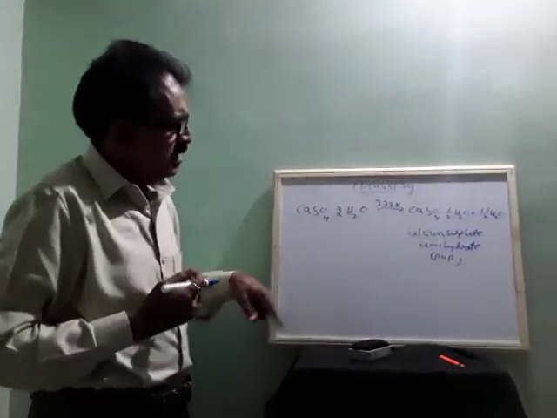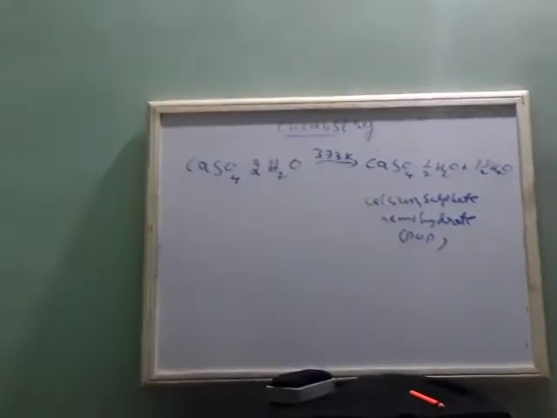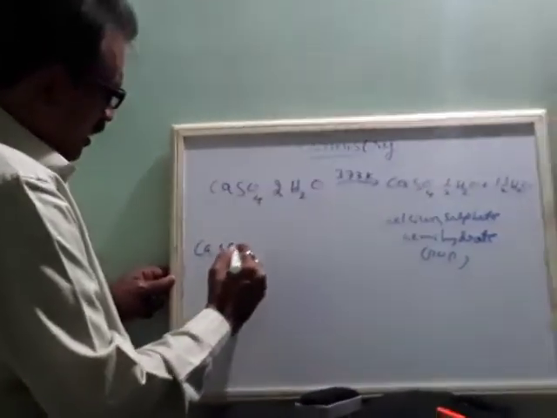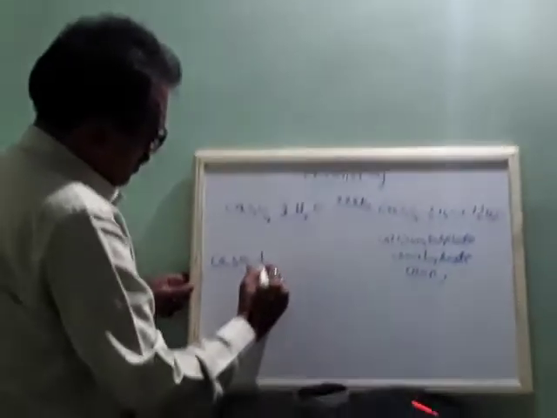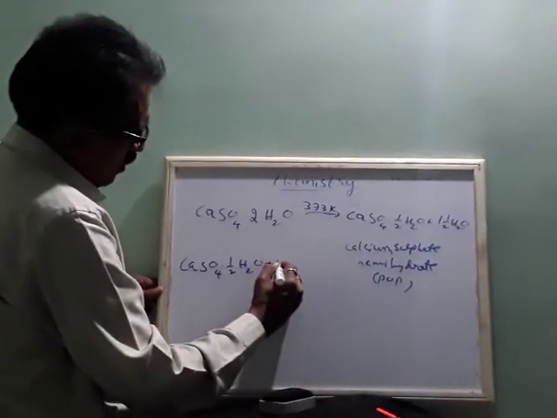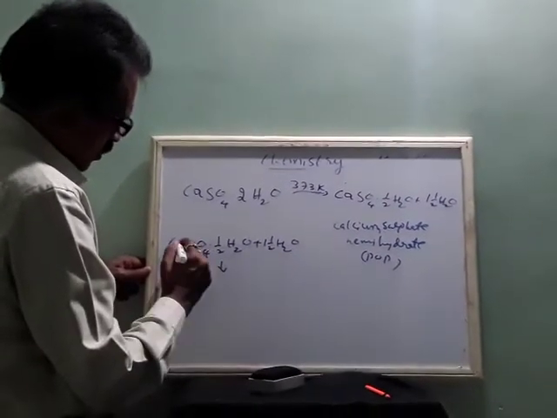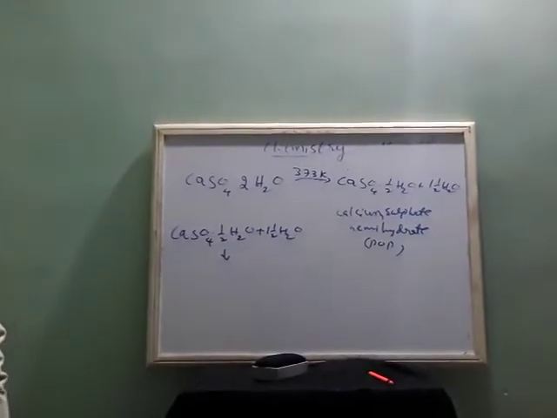So again, this calcium sulfate hemihydrate, or POP, plus 1.5 H2O forms one of the important products called gypsum.